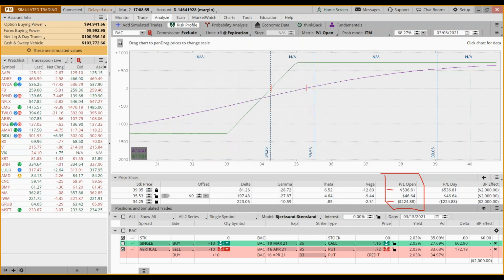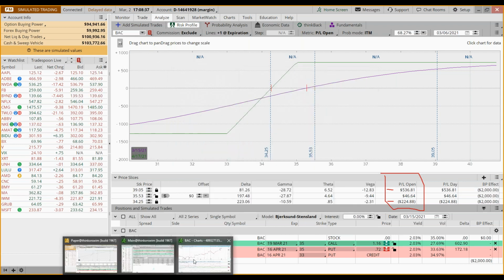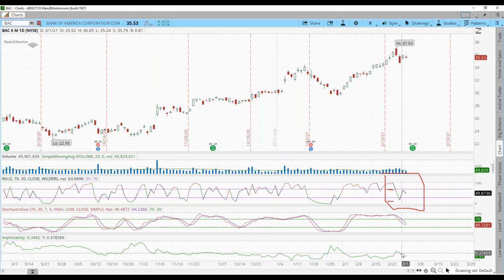What's happening? Well, for one thing, I would imagine the vol's not terrible on this. If you look relative to where we've been in the last year, we're very low on vol. It's only gone down to about 32 and a half, and we're at about 34 and a half right now. So the implied volatility is pretty low. Again, think about how this impacts probability.